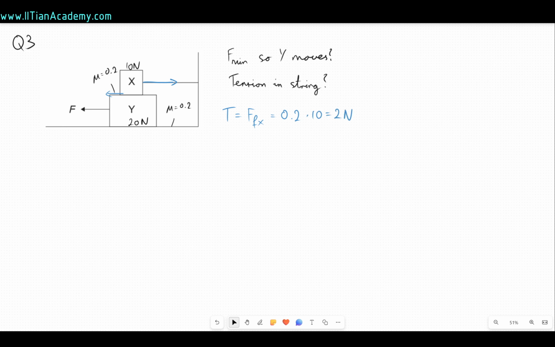So that will be 2 newtons. So the tension in the string can at most be 2 newtons.